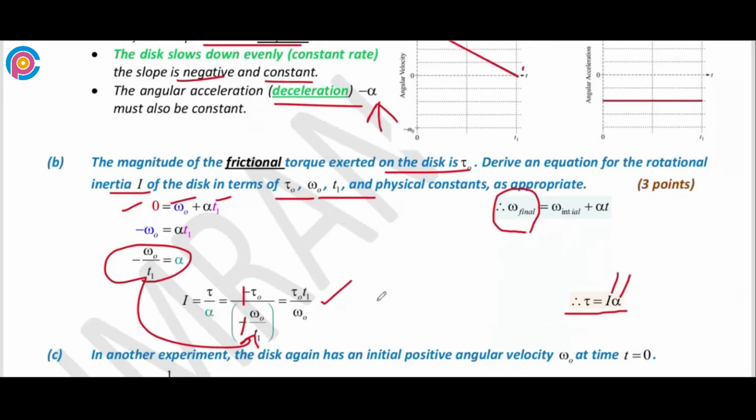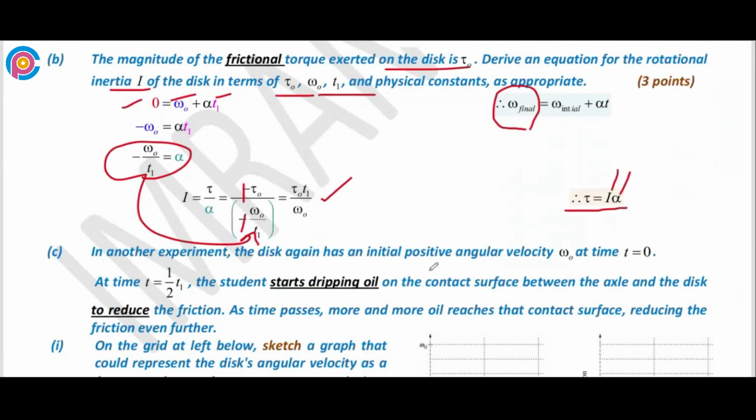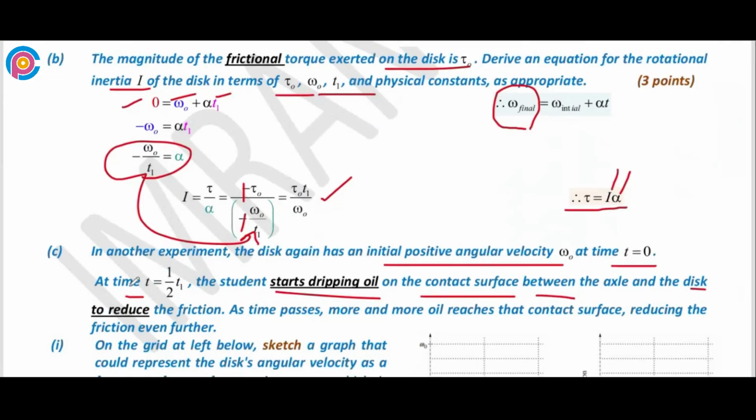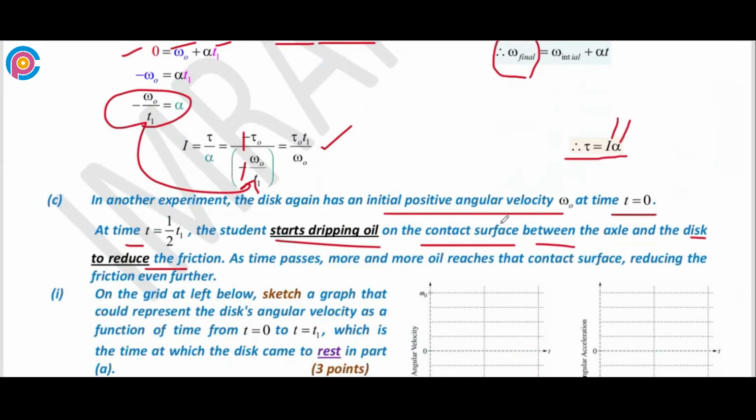In another experiment, the disk again has the initial angular velocity omega naught at time t equals 0. After time t1 over 2, the students start dripping oil on the contact surface between the axle and the disk to reduce the friction. As time passes, more and more oil reaches the contact surface, reducing the friction level.